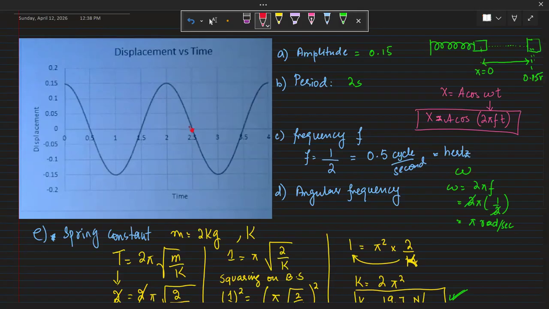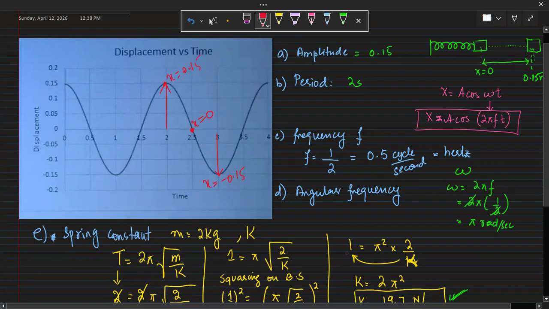Yes, the reference line means the position of the spring, or the mass attached to the spring, is at the equilibrium point, where x equals 0. Here x equals negative 0.15, and here x is going to be 0.15. Is this clear now? At 2.5 seconds, x is going to be 0, right? Yes.